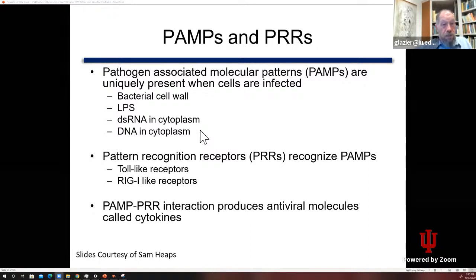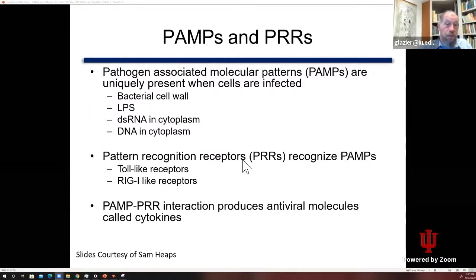The other thing that cells don't like is DNA, especially single-stranded DNA in the cytoplasm. And so diseases like HIV produce that. SARS-CoV-2 is a single-stranded RNA-positive virus, which means it goes RNA to RNA, single-stranded, and that doesn't trigger that.